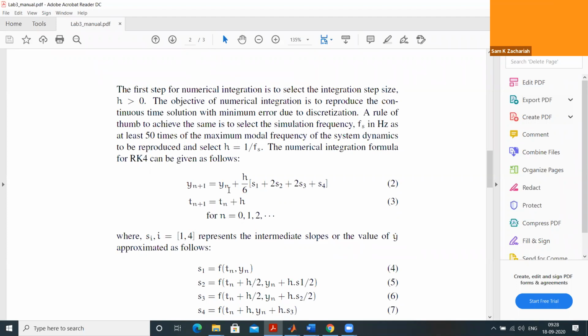So first we will start with the initial condition at t equals 0. So n equal to 0 means t0. T0 is equal to 0, for example. That is a good value we can start with. Then t1 will be equal to h, that is 1 millisecond. T2 will be 2 milliseconds, T3 will be 3 milliseconds and so on.